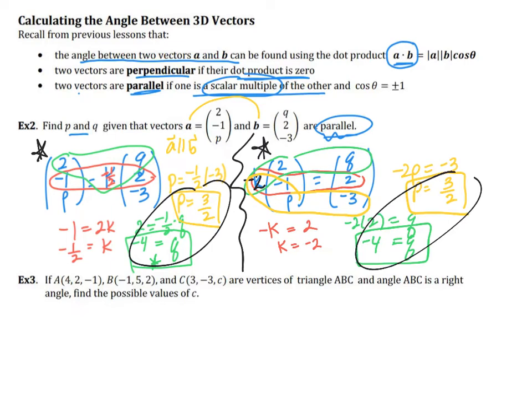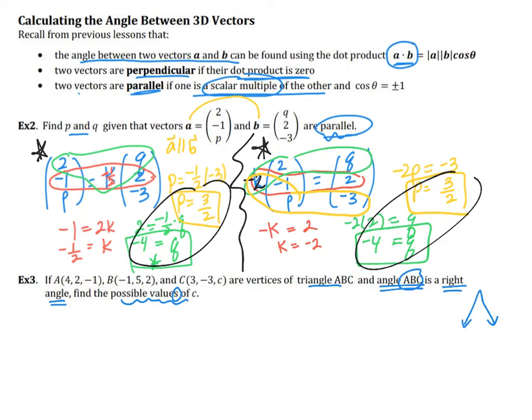Moving on to example 3, it says if A, which is (4, 2, -1), and B, which is (-1, 5, 2), and C, which is (3, -3, c), are vertices of triangle ABC, and angle ABC is a right angle, find the possible values of c. So this is very important, angle ABC, right?